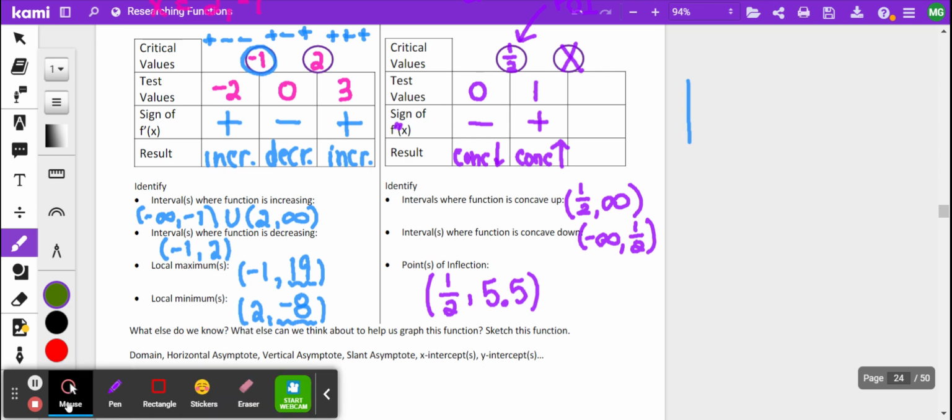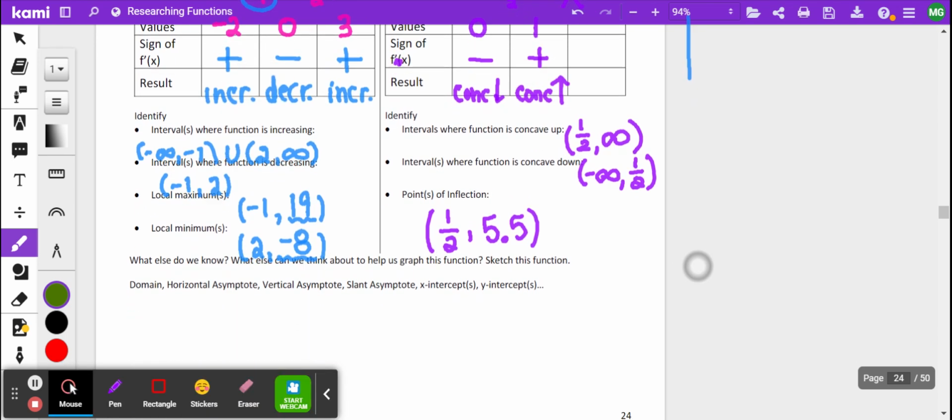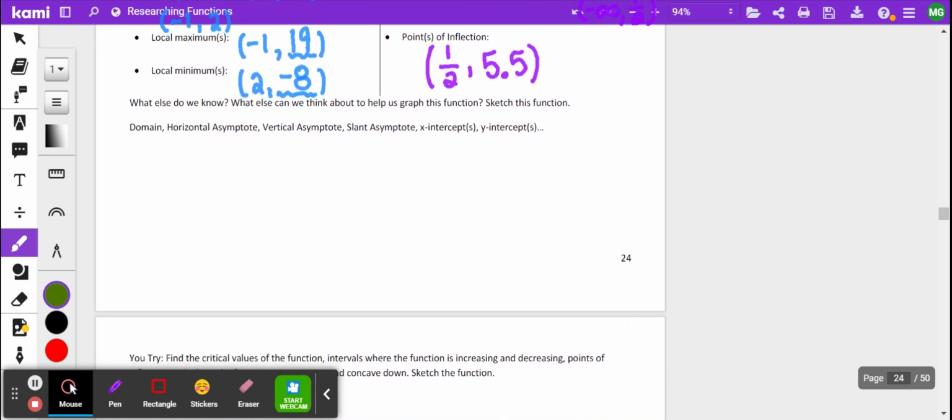Okay, other things we should be thinking about. What is our domain? Well, in this particular case, because we have a function that's just a polynomial function, our domain goes from negative infinity to infinity.